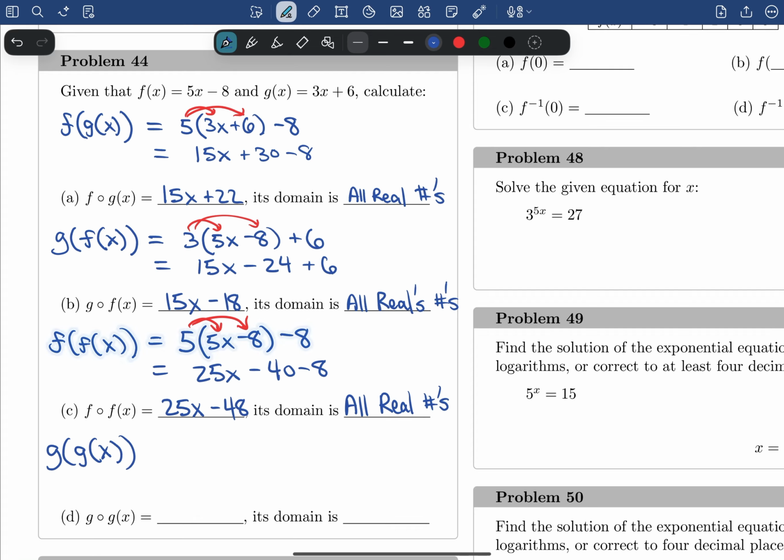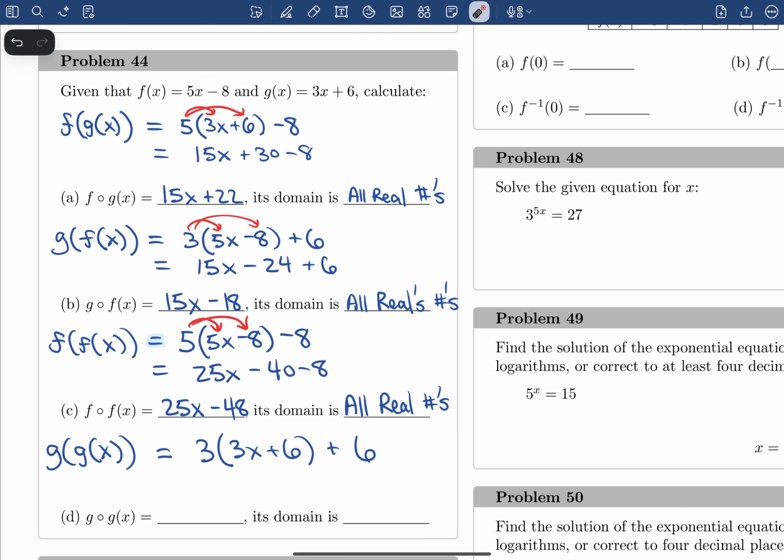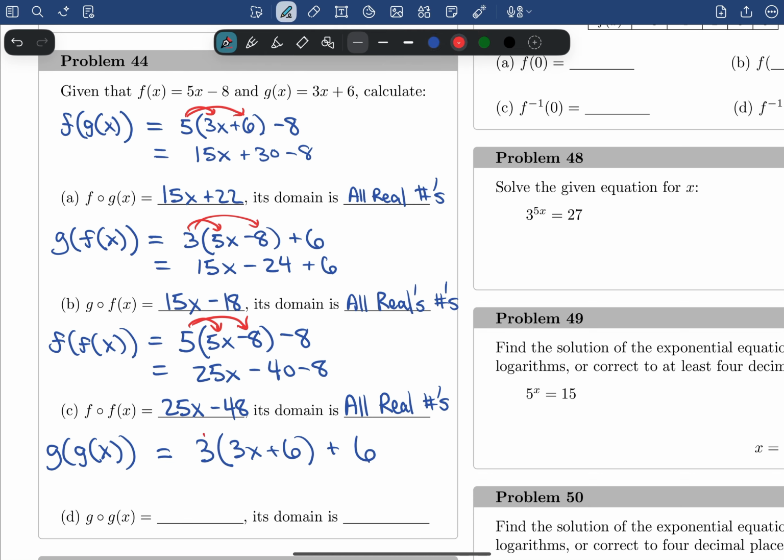Pretty cool. And so I start writing the g function, 3, and when I get to x, I replace it with 3x plus 6, and then I finish writing the g function plus 6. So I'm writing the g function out, right? 3x plus 6. But when I got to x, I replace it with 3x plus 6. It's like Inception.